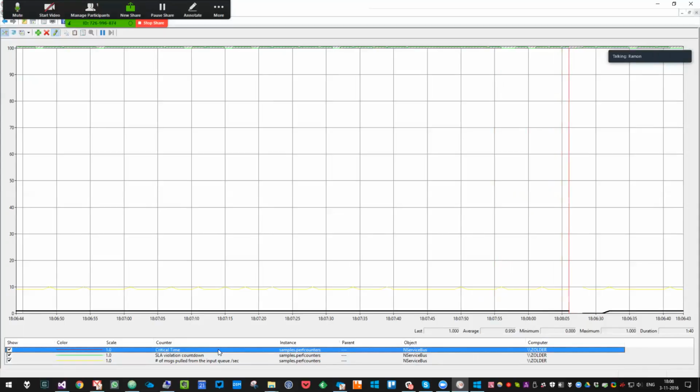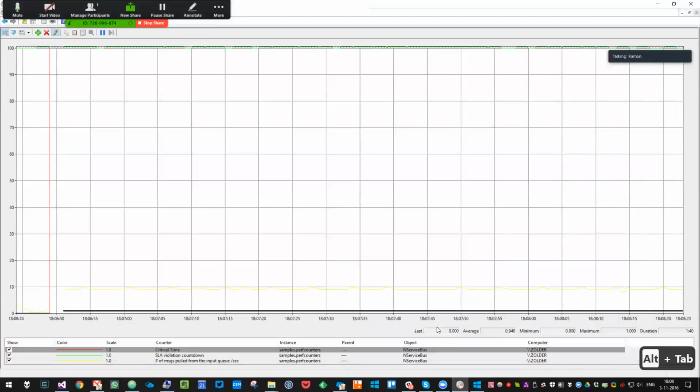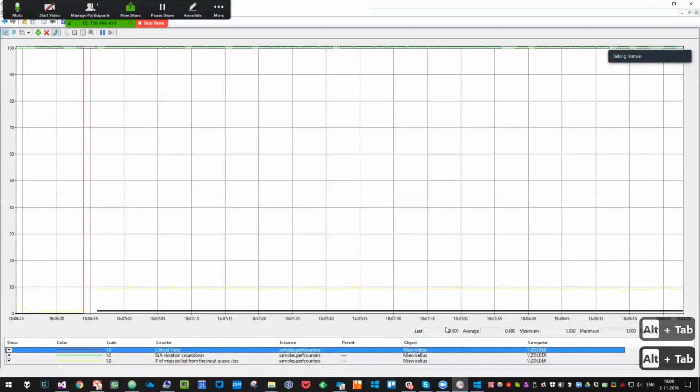So here you can see that currently the critical time is 1. We can go back to our application, and for example, we can send a message every second, and now on average, because the number is reported in seconds, there is no precision in that.